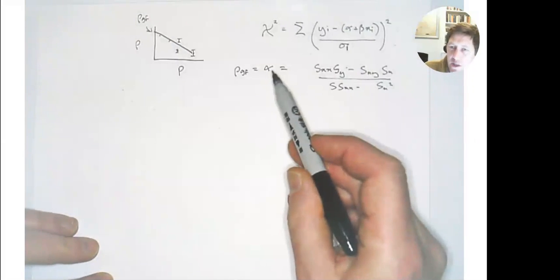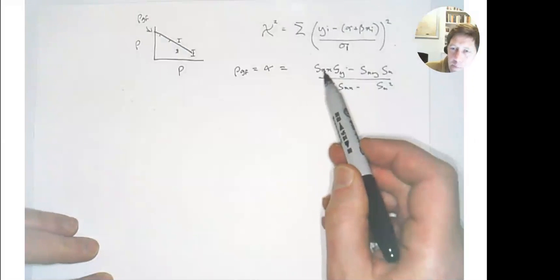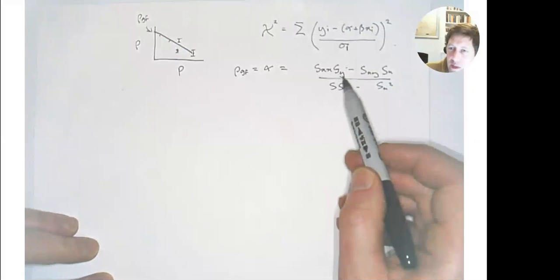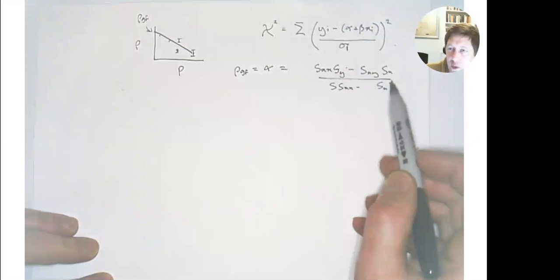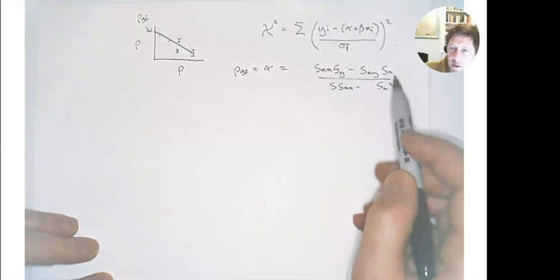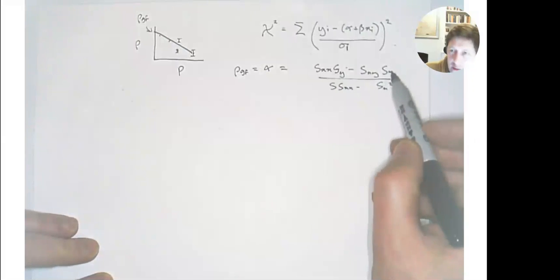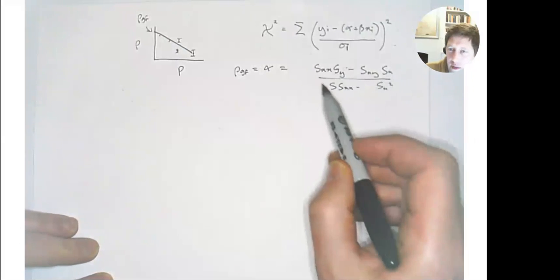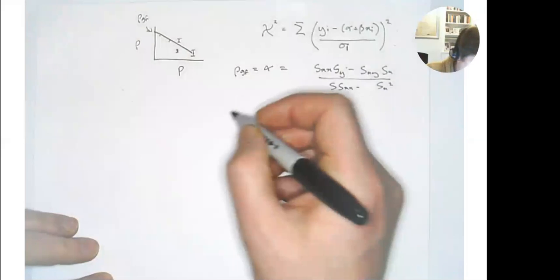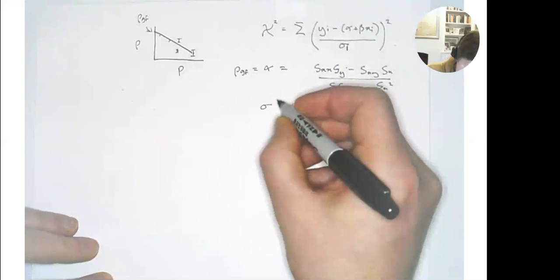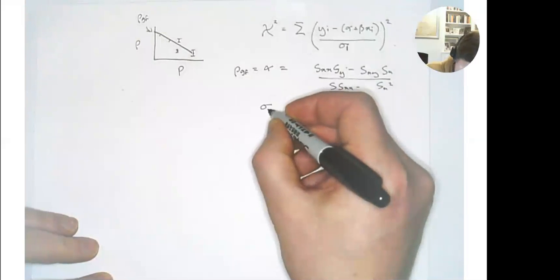And now that we've got an expression for alpha, we can use the propagation of errors technique on this equation here. And so you know the errors for those, and you can then find the propagated error for alpha.